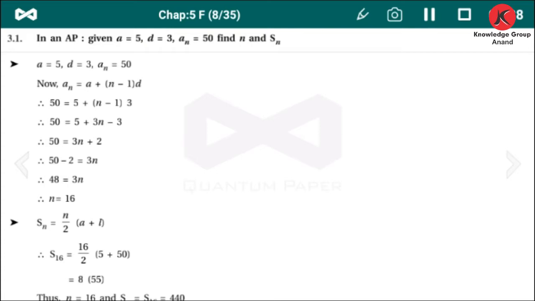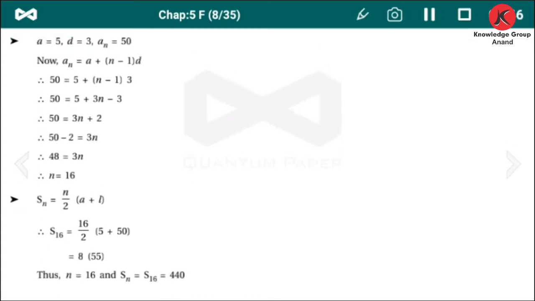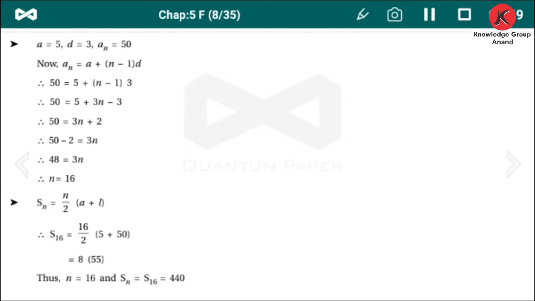We are using the formula an = a + (n - 1) d. Putting the values an = 50, a = 5 and d = 3, then find n. 50 = 5 + (n - 1) into 3.